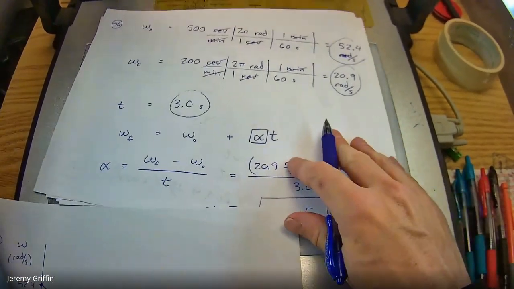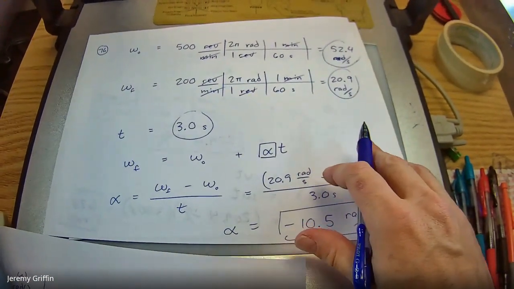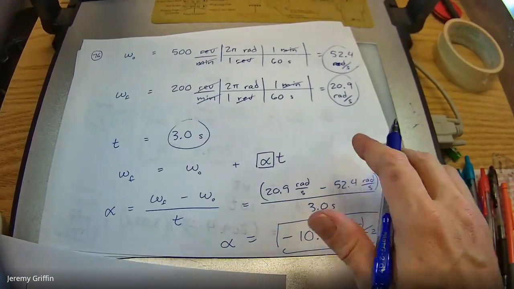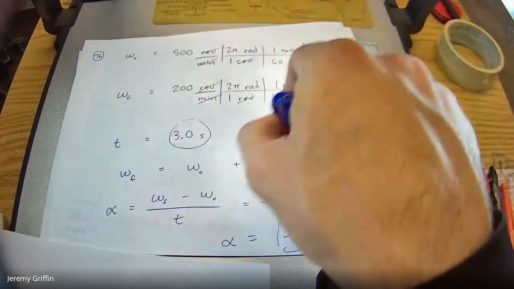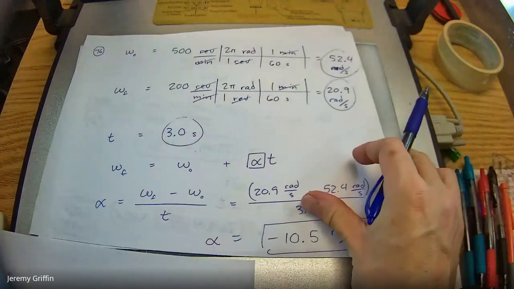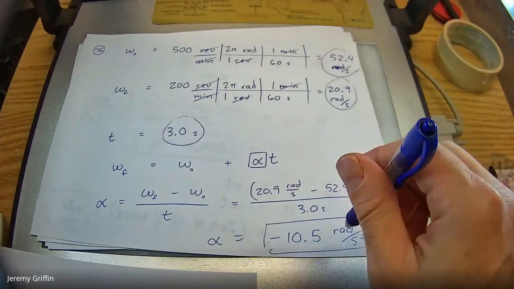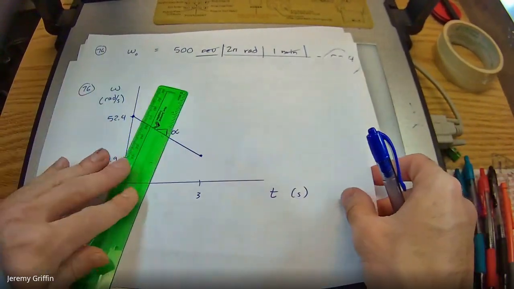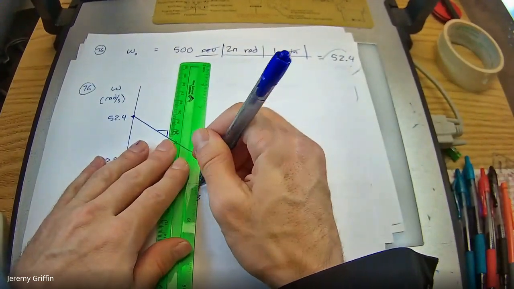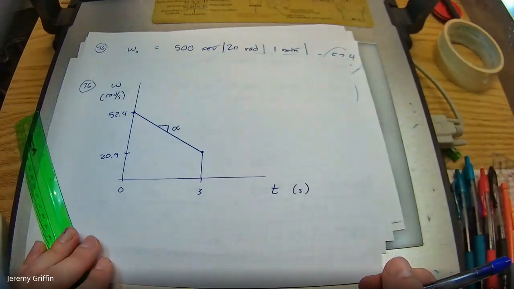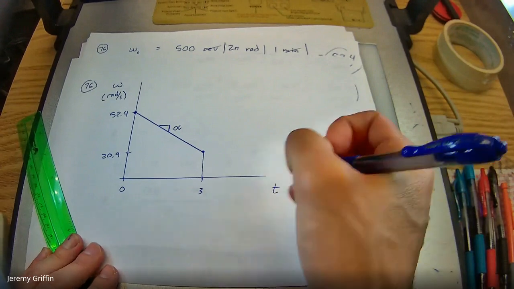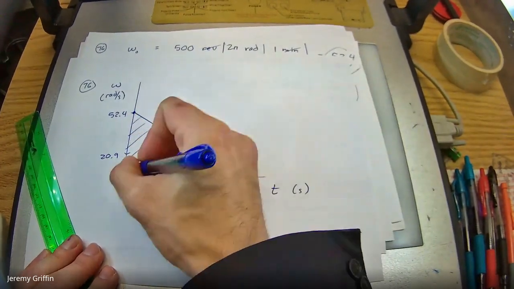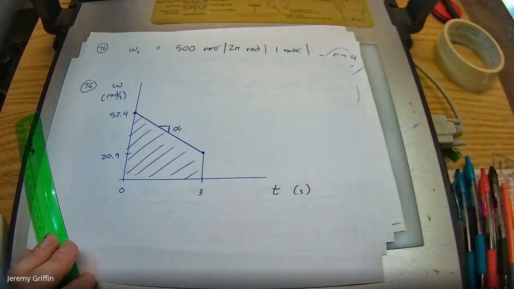You know what else they really could have asked? This would have been the last kinematic value too, is how far did it rotate? Like how many radians did it turn? Or how many revolutions if you wanted to convert after that? And what property of this graph would tell you that? Of course, you do the equations also, but graphically, what property? You like the area of that trapezoid, right?